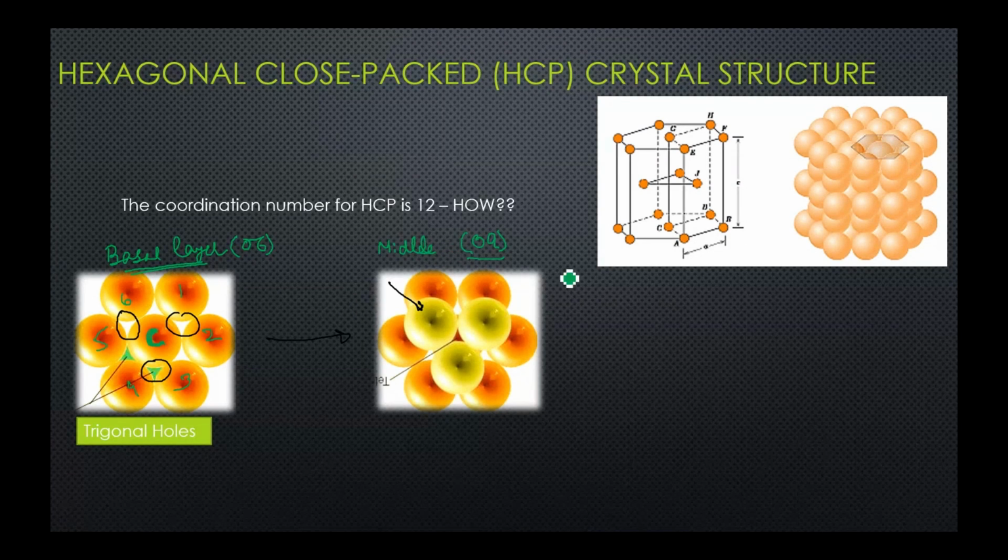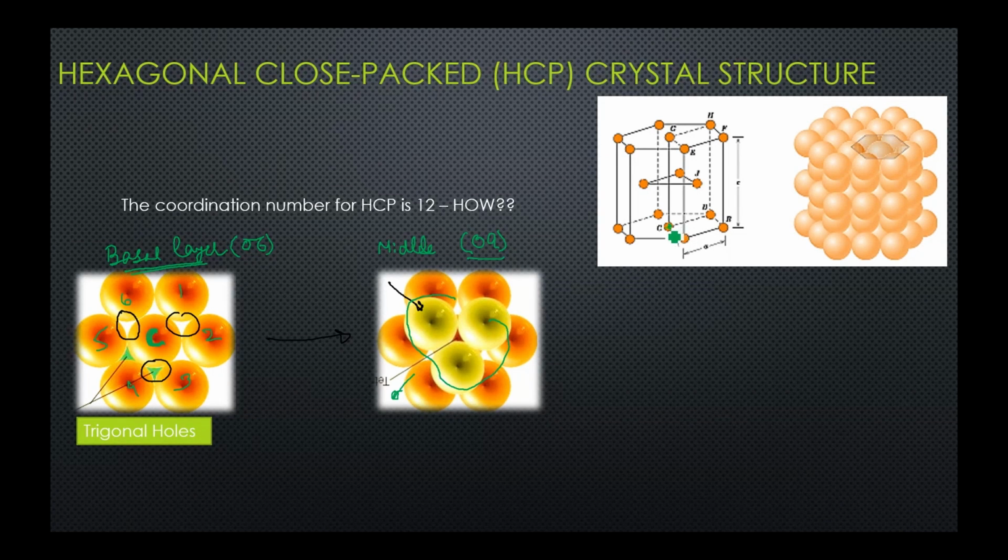And you would have an exactly same arrangement of atoms beneath this basal layer. These atoms have come on top of the basal layer, and there would be a set of atoms behind or beneath the basal layer.